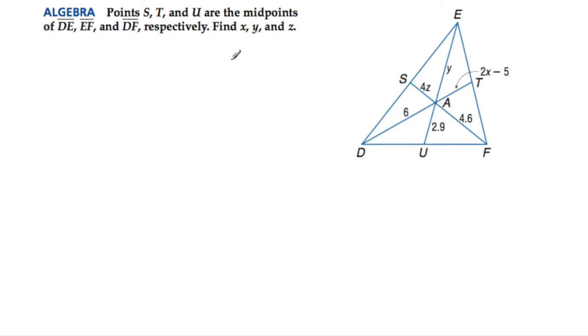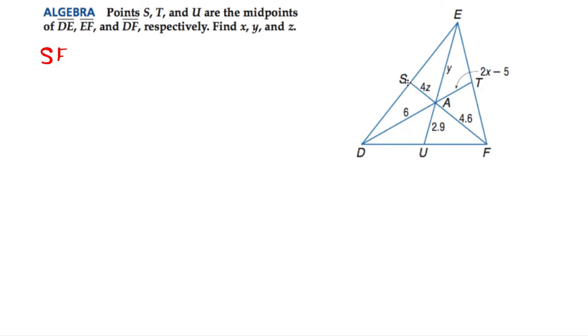So here we have all these different segments. It may look like we can't solve this, but we actually can by writing equations. Let's look at SF. SF is a median, because S, T, and U are the midpoints.